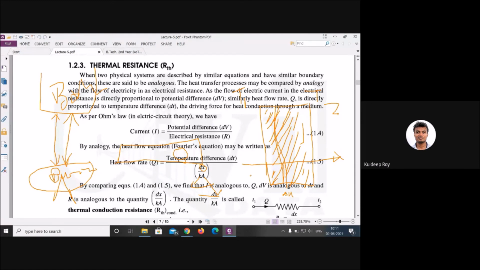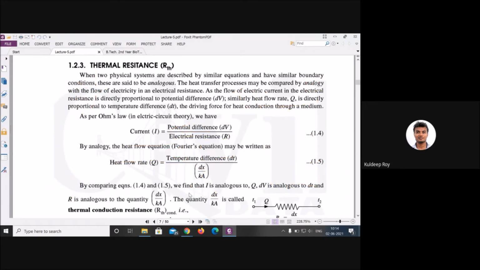Then this is the analogy between the electric circuit and heat transfer. In the electric circuit, it is the potential difference divided by the resistance. And here for heat transfer, it is the temperature difference from the higher to the lower region, divided by delta X by Ka.